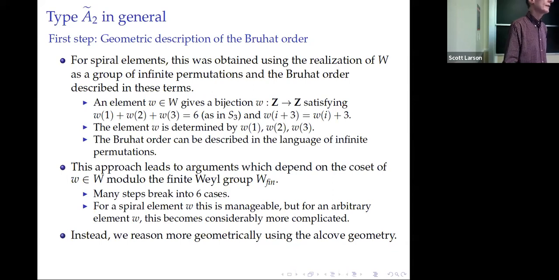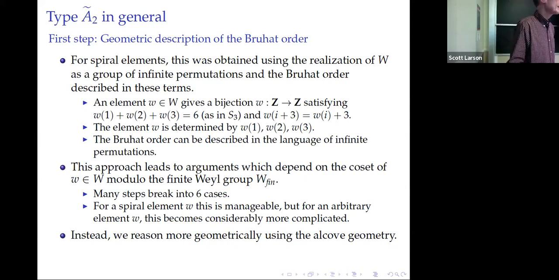And we basically translated this infinite permutation description into this geometric description for the spiral elements, if W is a spiral. This led to a very lengthy proof because it turned out everything depends on the coset of W modulo the finite Weil group, which has 6 elements in it. So, like many arguments, we ended up having 6 cases.